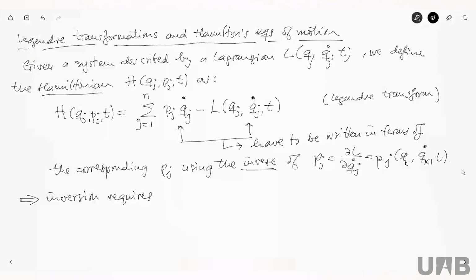But there is an answer to this question. What is the condition on the function P to allow the inversion of Q dot in terms of P? It has to depend on Q dot. Yes, and how do you say that in mathematical terms?